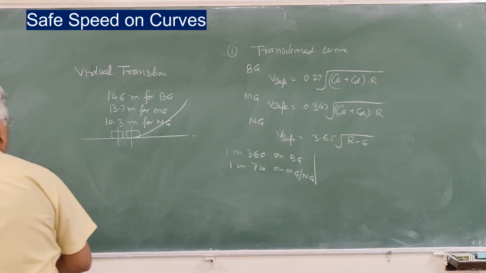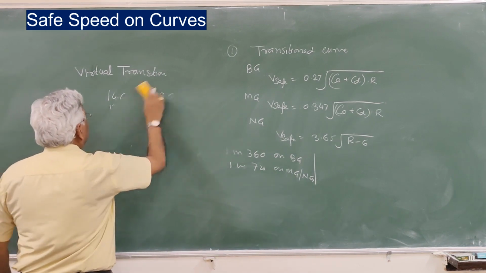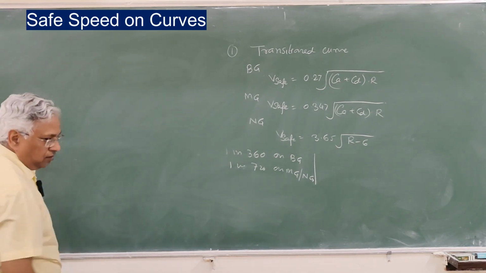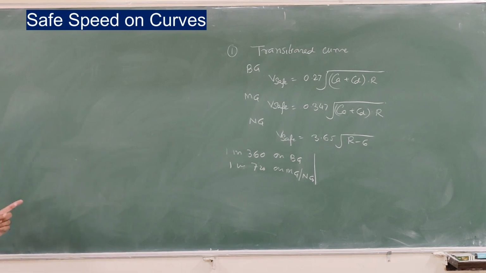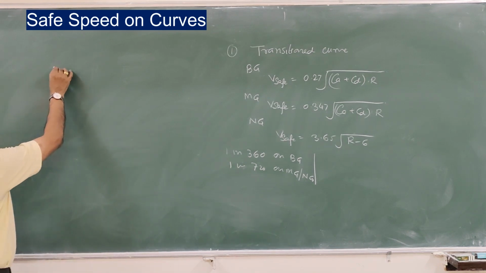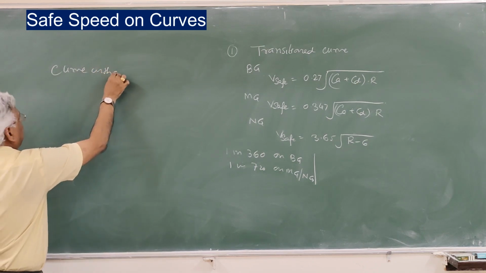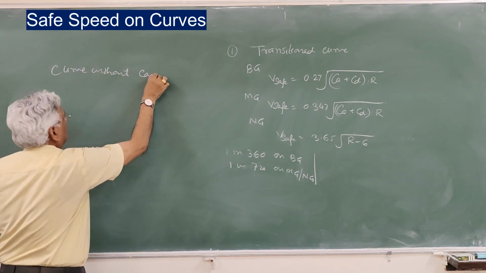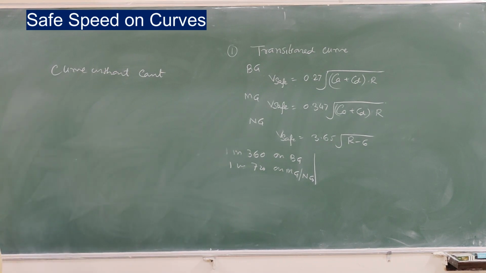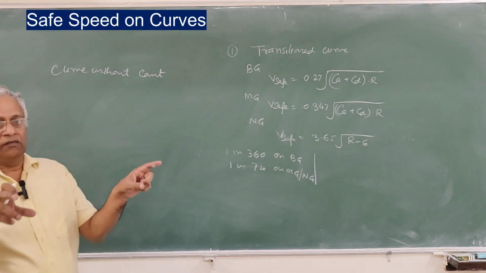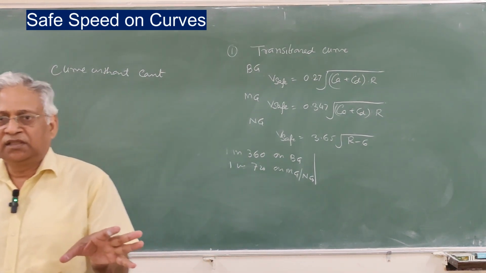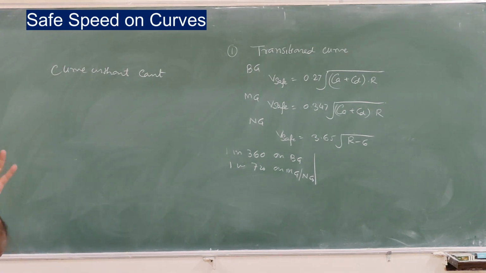The third case could be a horizontal curve without cant. When the horizontal curve is very flat, with a very large radius, you don't need any kind of cant, and in that case you do not need transition also.